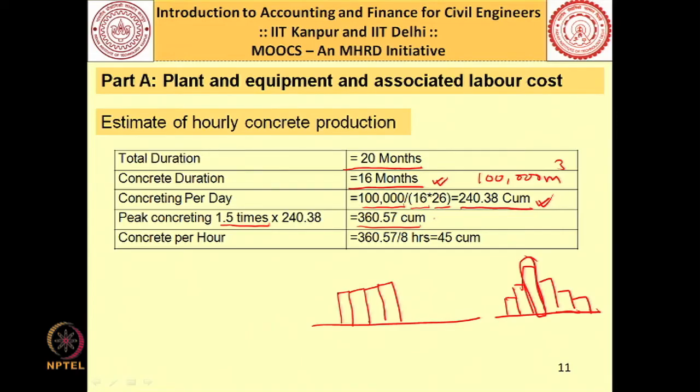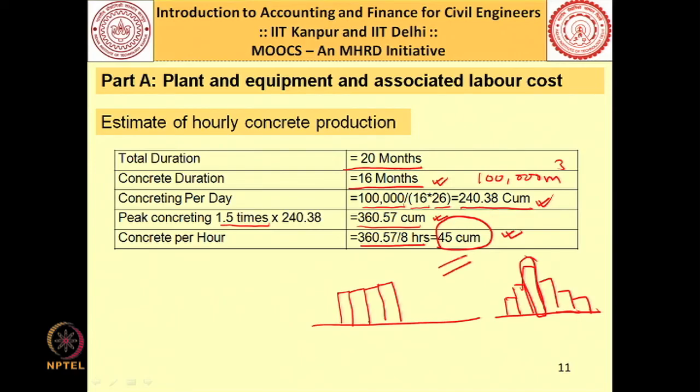So, I am going to mobilize my plant and equipment, which can give me a productivity of 360 cubic meter per day. So, in terms of hourly production rate, I can divide it by 8. So, that means, I need a concrete production unit which can give me 45 cubic meter on an hourly basis.